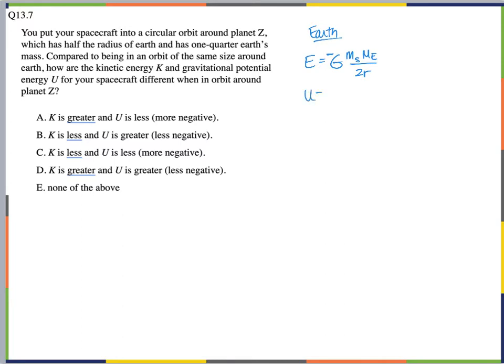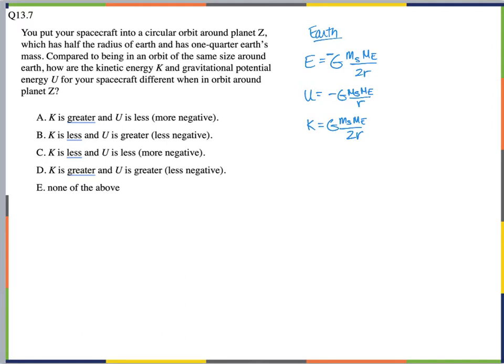The potential energy is minus big G, mass of the spacecraft, mass of the Earth, over r, and the kinetic energy was actually equal to big G, the mass of the spacecraft, the mass of the Earth, over 2r, sorry, forgot about that.